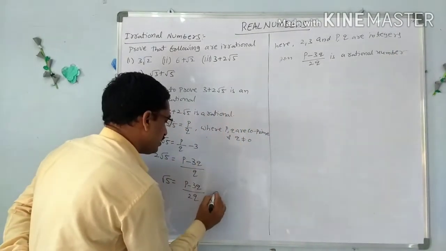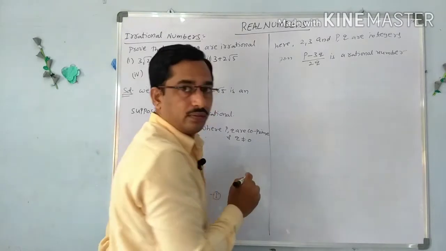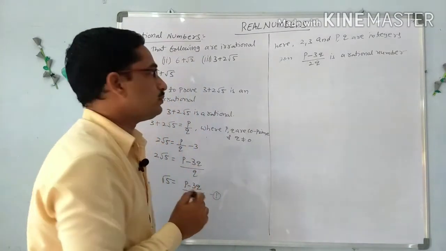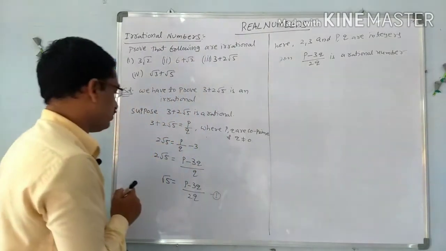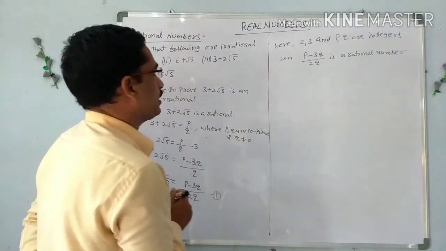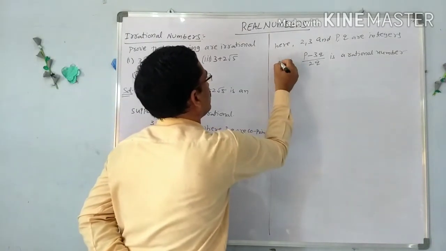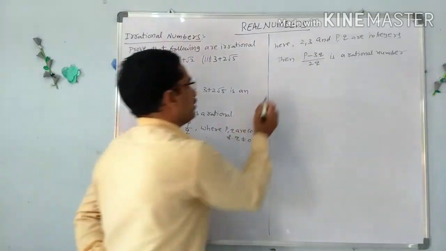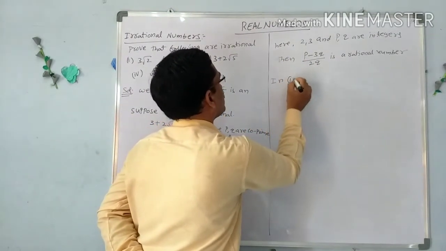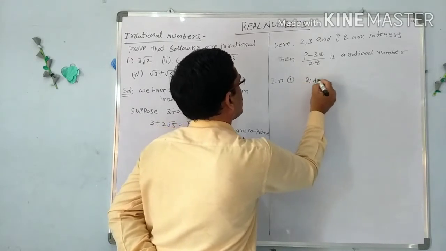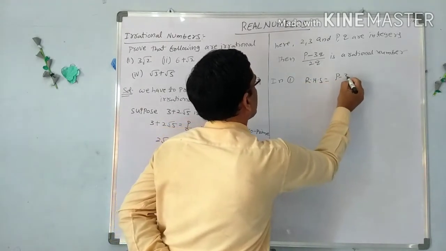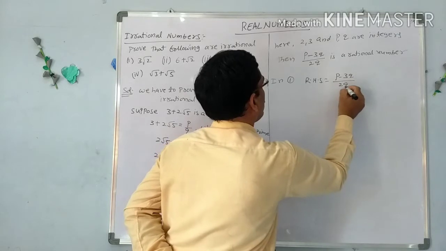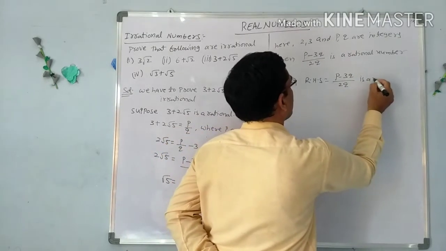Say this is equation 1: p minus 3q by 2q is a rational number. Now in equation 1, the RHS, what is the RHS? p minus 3q by 2q is a rational.